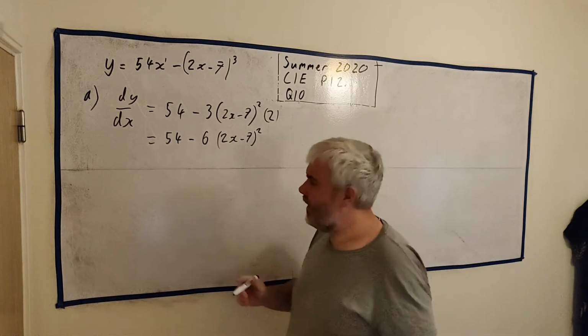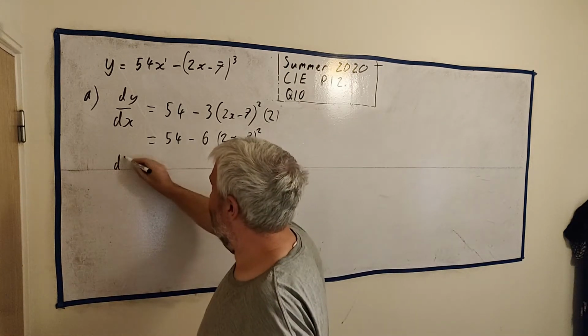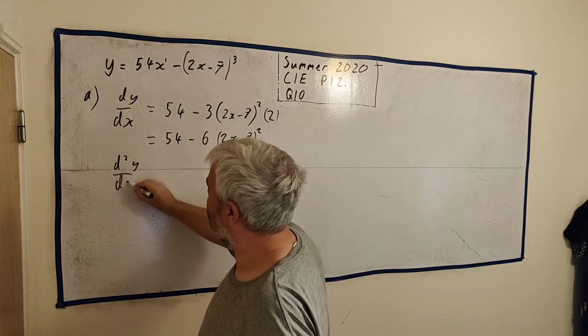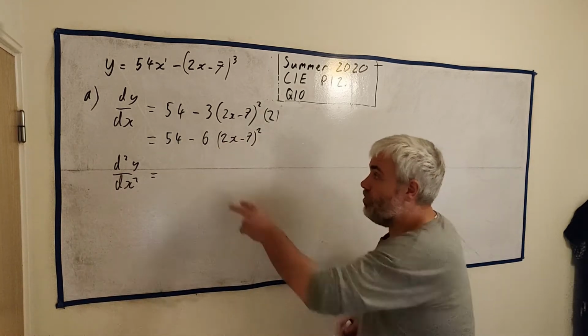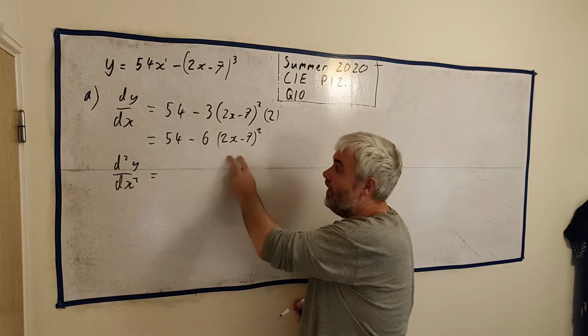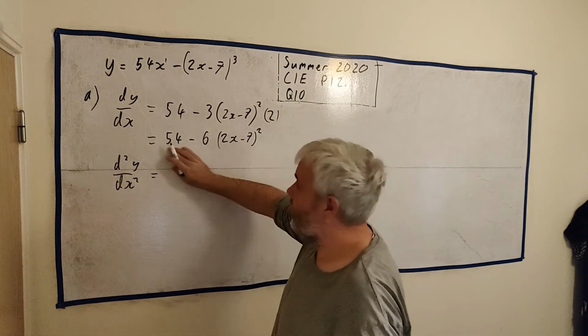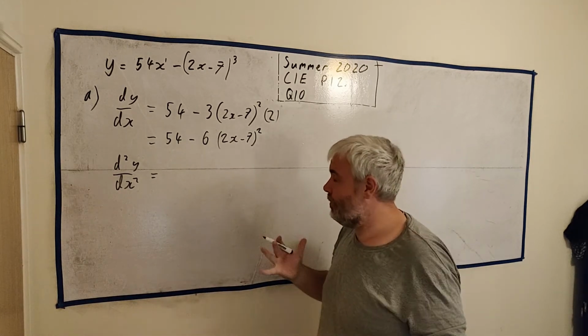They then ask us to get the second derivative. That's d squared y over dx squared, or just call it the second derivative. So we just differentiate the last thing we have here. Again, we have two terms. First term, the derivative of 54 is 0.